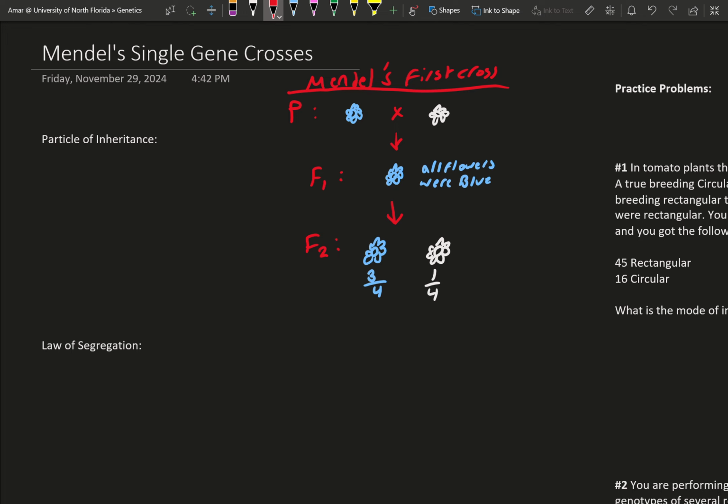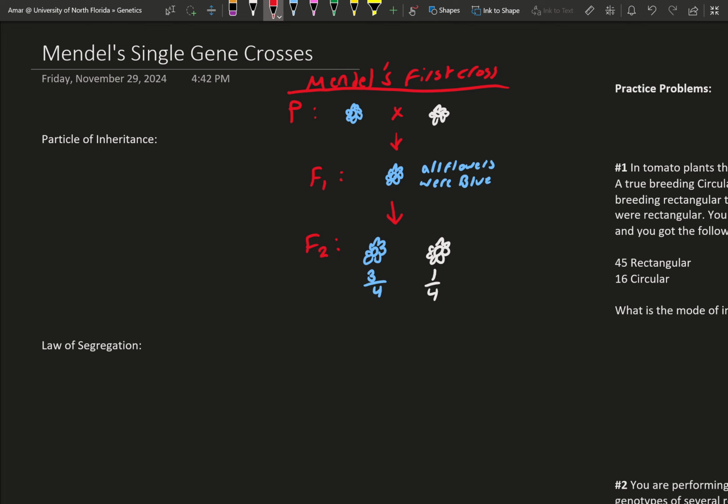So last time, what we went over was Mendel's hypothesis and how it went against the normal hypothesis for genetics for hereditary traits, which was the blending theory of heredity.